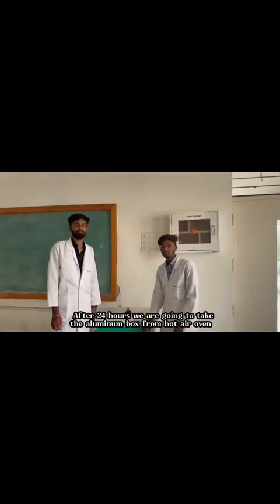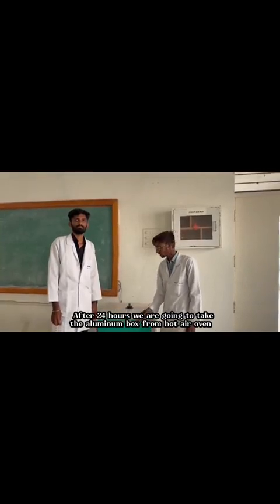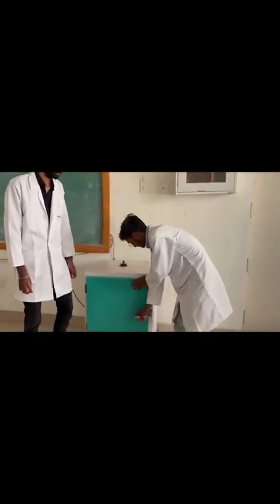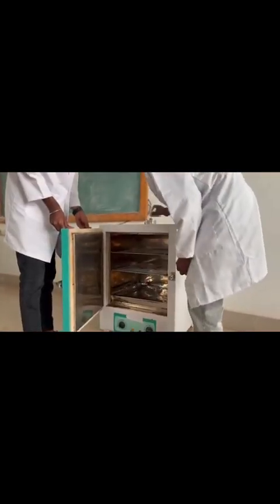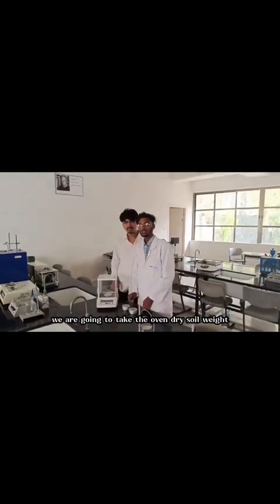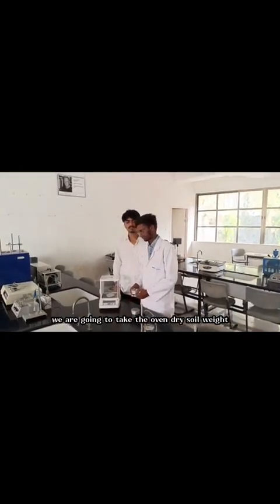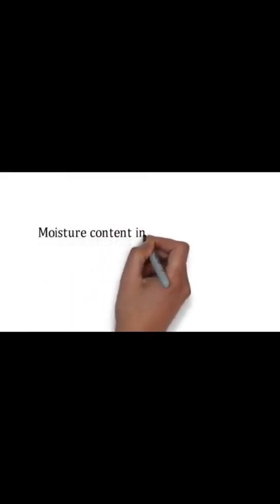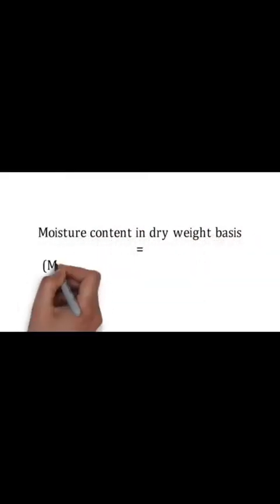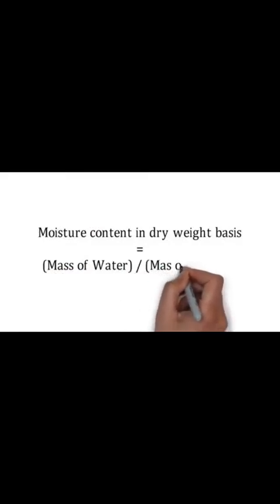After 24 hours, we are going to take the aluminium box out of the hot air oven and take the oven dry weight. The moisture content on a dry weight basis is the ratio of the mass of water to the mass of dry soil.